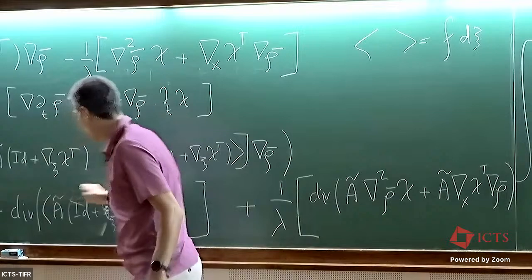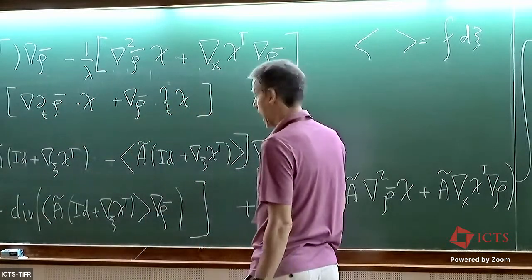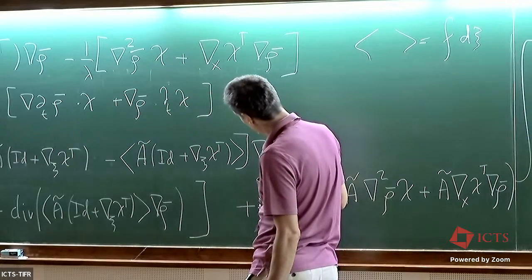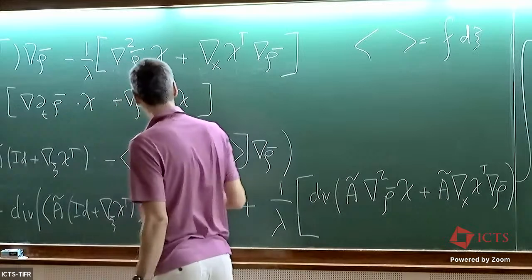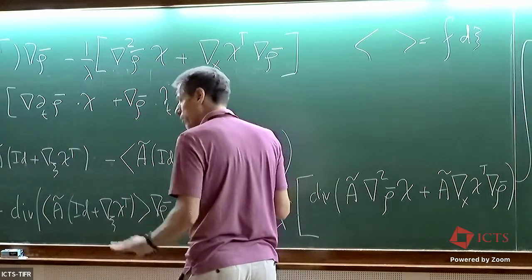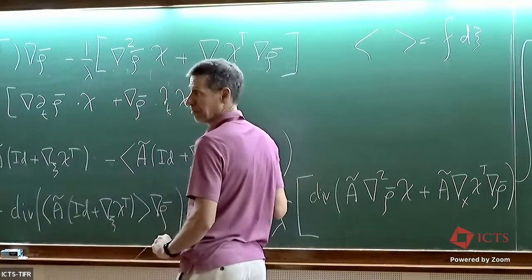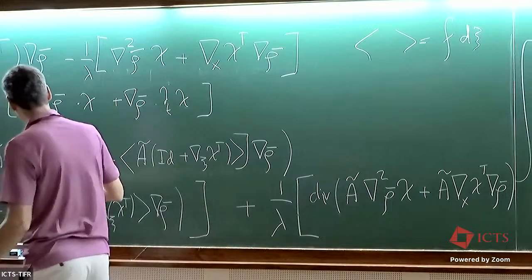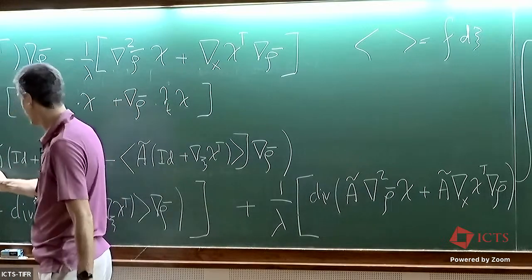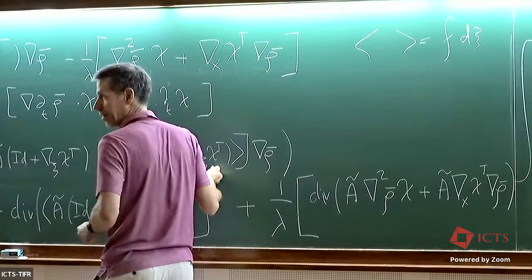So this is the key one. This one doesn't have a 1 over lambda. And you can think of this as the analog of the oscillation term in convex integration, because you have things like fast times fast minus its average.